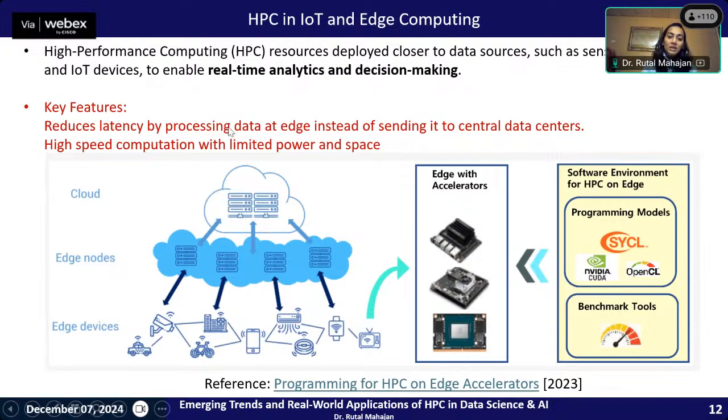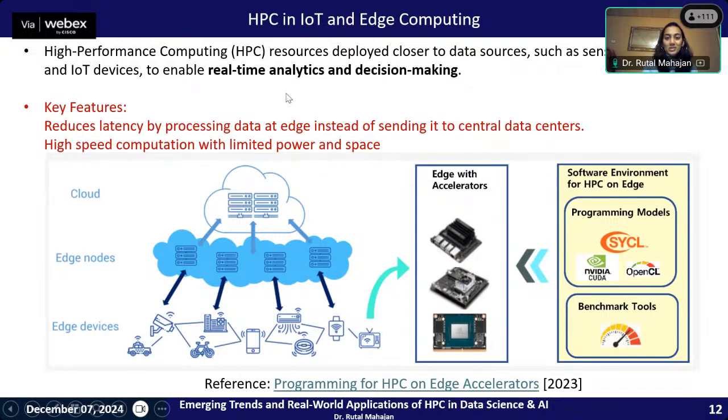Why are we talking about IoT and edge computing? The reason is that nowadays we are surrounded with many smart systems, like smart home systems, autonomous vehicles, or many such things which are smart if we look around us.